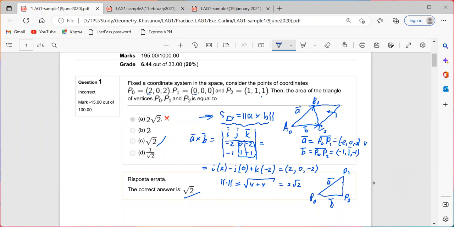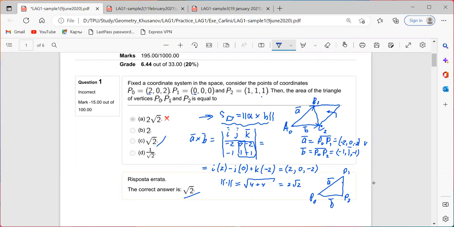How can we compute the cross product A, B? This is the standard way. We have to consider a determinant, where the first row is i, j, k. i, j, k are the coordinate vectors of our 3-dimensional space. These are the standard basis vectors for R3.